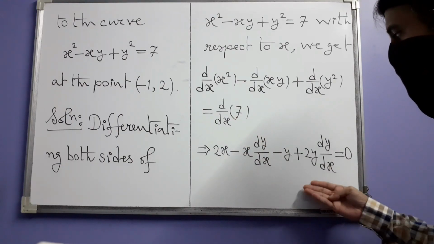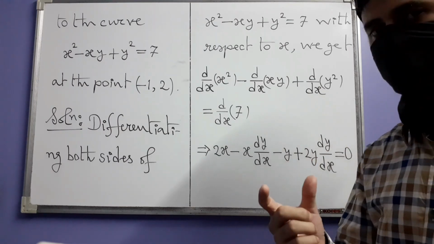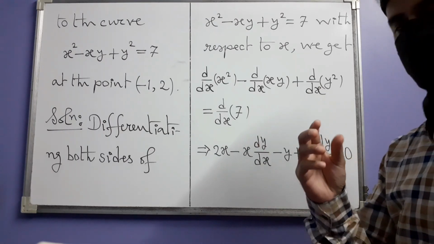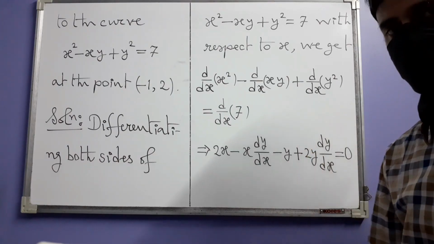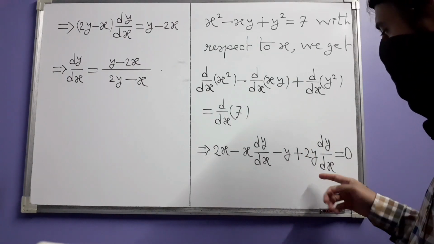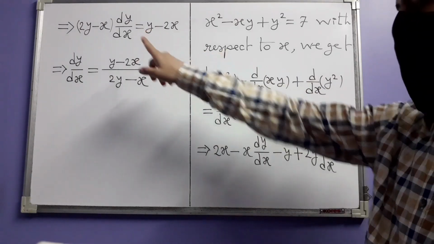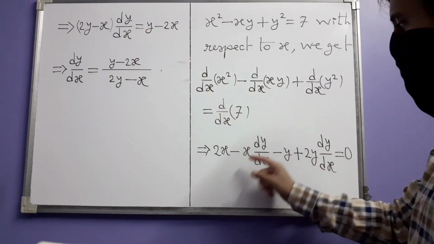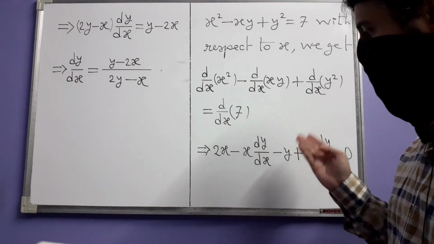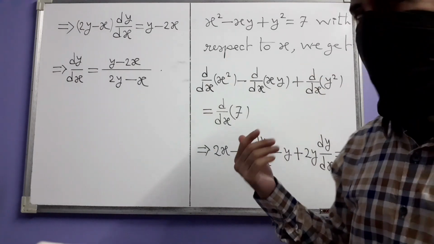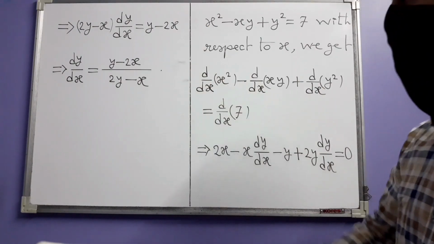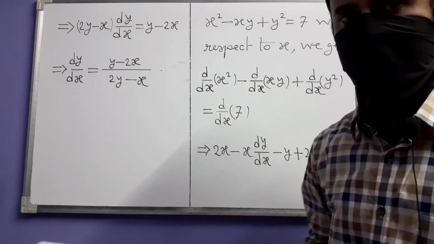Now from this equation you will be able to find an expression for dy/dx, and that expression will be a function of both x and y. So if you do a little algebra here, you can see that on the left hand side you have 2y minus x times dy/dx, and if you transfer the remaining things over to the right side, then you get y minus 2x, and then you divide by 2y minus x.